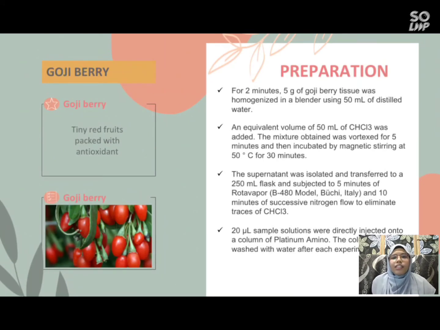The supernatant was isolated and transferred to a 250 ml flask, then subjected to 5 minutes of rotary evaporation and 10 minutes of successive nitrogen flow to eliminate the trace of HPLC solvent. Lastly, 20 microliter of sample solution was directly injected into a platinum amino column. The column was then washed with water after each experiment.